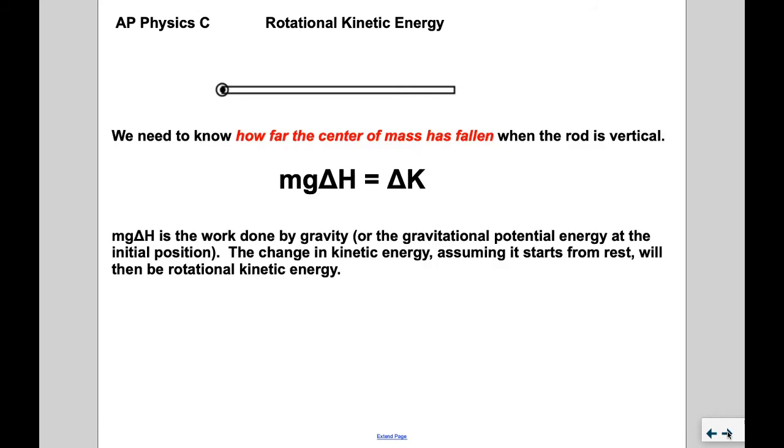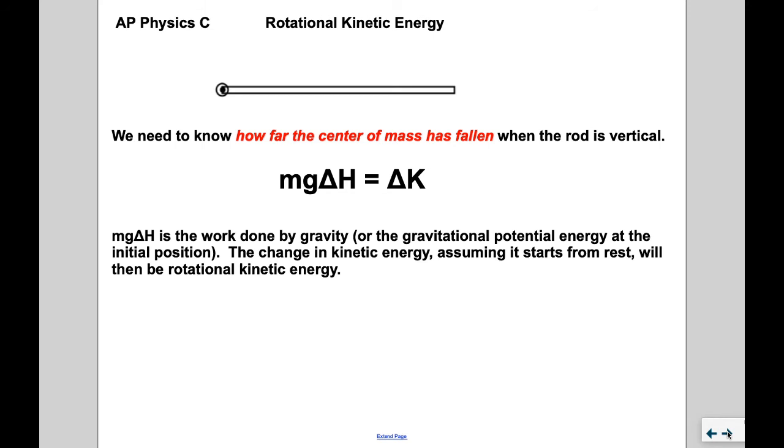So when we look at the work and kinetic energy principle, mg delta H equals delta K. The mg delta H is the work done by gravity, or the change in the gravitational potential energy. That delta H, once again, is the difference in the vertical position of the center of mass at the beginning of the problem and at the end of the problem.